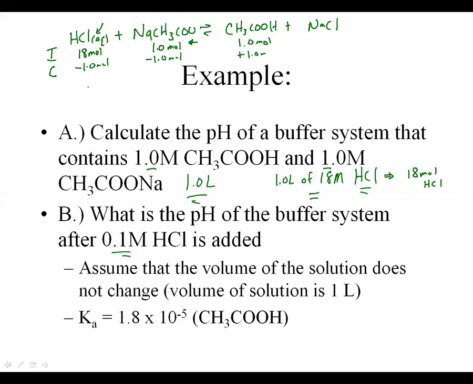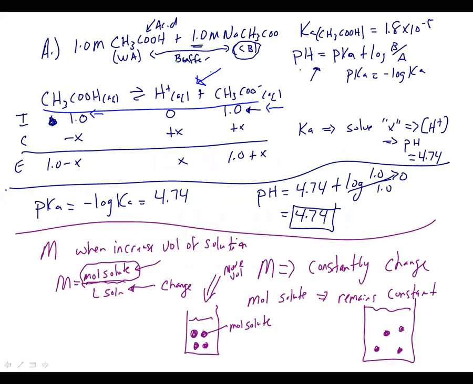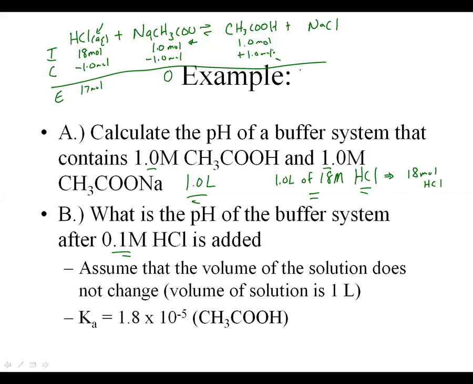And what you'll end up with on the equilibrium line is you'll actually end up with 17 moles of HCl. You would have used up all of your sodium acetate. And coming down this way here, you would end up with actually 2 moles of acetic acid.